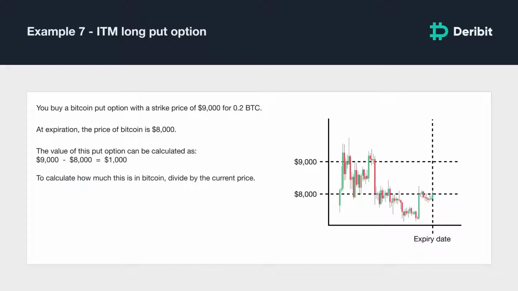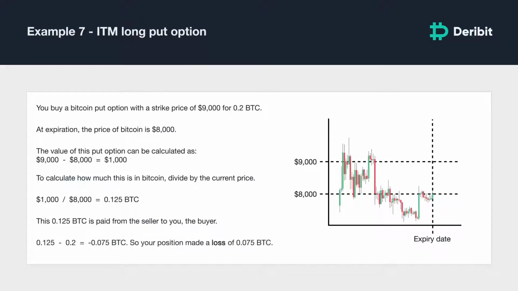To calculate how much this is in Bitcoin, you divide by the current price of $8,000: 1,000 divided by 8,000, or 0.125 BTC. This 0.125 BTC is paid from the seller to you. Your final profit on the position can be calculated as 0.125 BTC minus 0.2 BTC, or negative 0.075 BTC. So your position made a loss of 0.075 BTC.